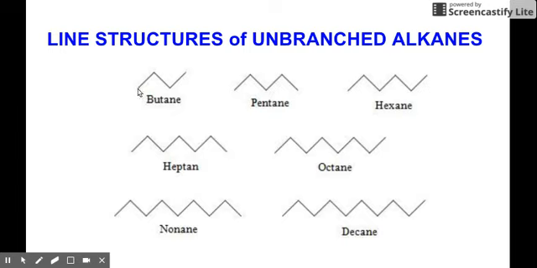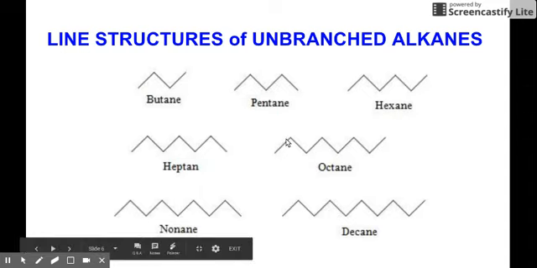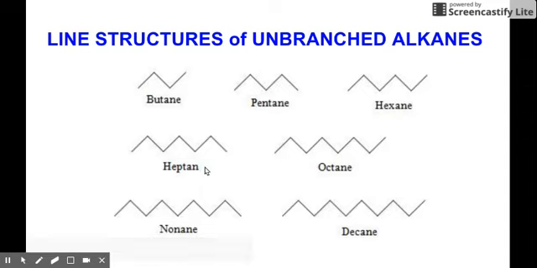So in the case of butane, you have one, two, three, four, so that means you name it butane with four carbon atoms. Pentane, so you have one, two, three, four, five, so that's pentane. Hexane, you should get six, so that's one, two, three, four, five, six, and so on and so forth. Just add an E here for heptane. So that's it for the unbranched alkanes.